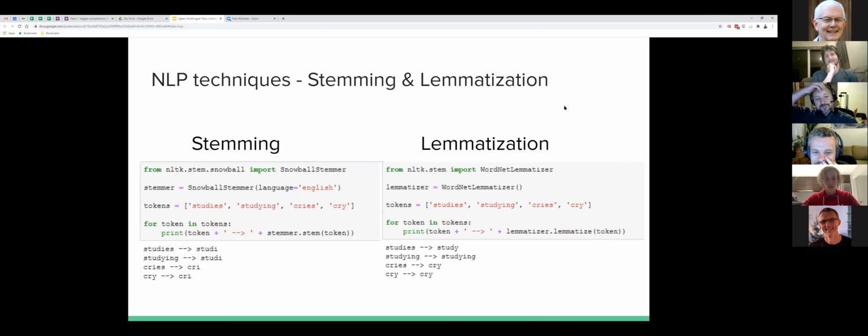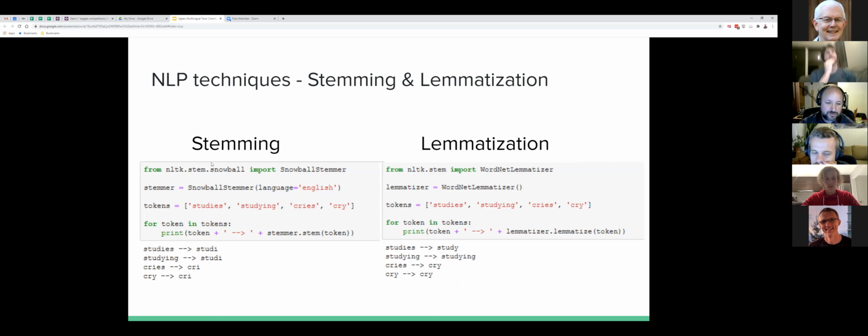Going back to NLP techniques, to further reduce the number of words that you're going to be putting in, you can do a process called stemming, and its big brother, lemmatization. Stemming is the process of finding words that have similar meanings and reducing them down to a single token.